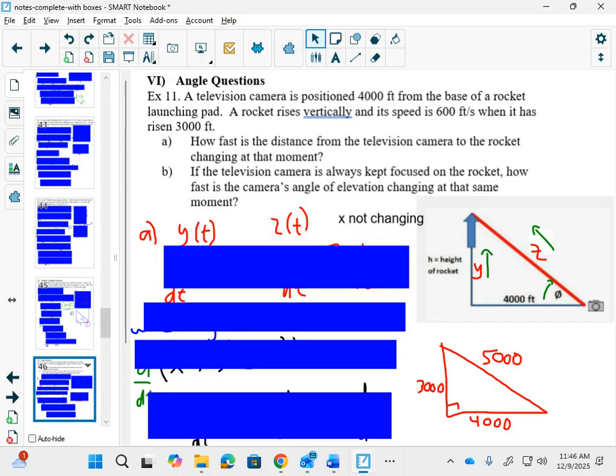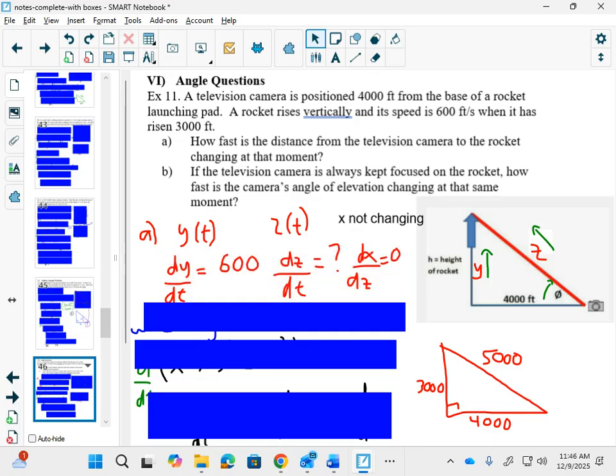So what do we know? y of t is changing, z of t is changing, but x does not change because it's set at 4,000. And part A is actually a triangle question from before. Okay, we know that dy/dt is 600 feet per second.